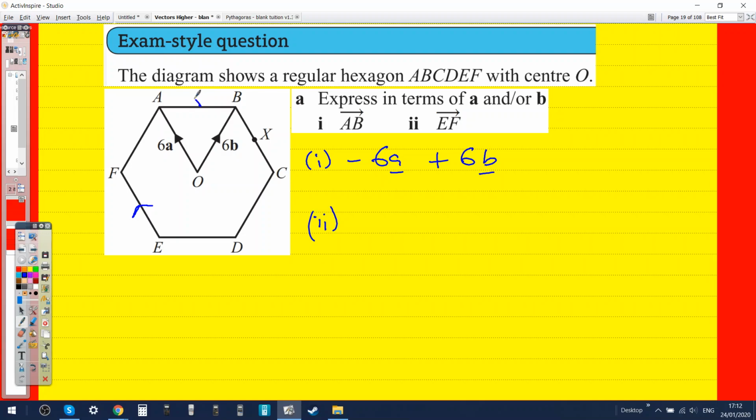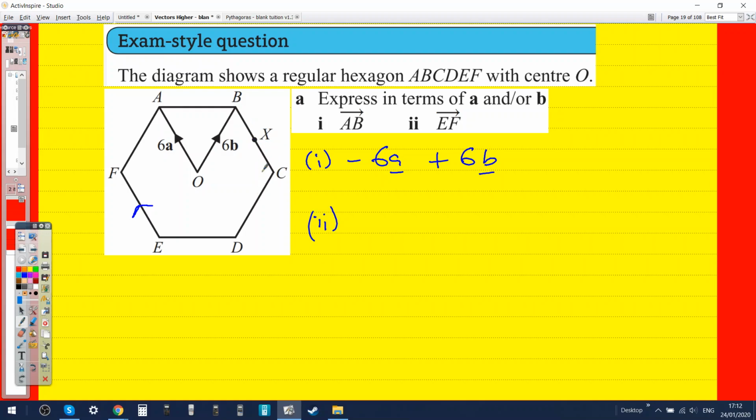A to B is going in a different direction, and so it won't be the same as a vector. It has to have both things the same. So is there any other side that is exactly the same as E to F? Same size and direction. BC? Yeah, or CB, because it would be going in the same direction, CB.